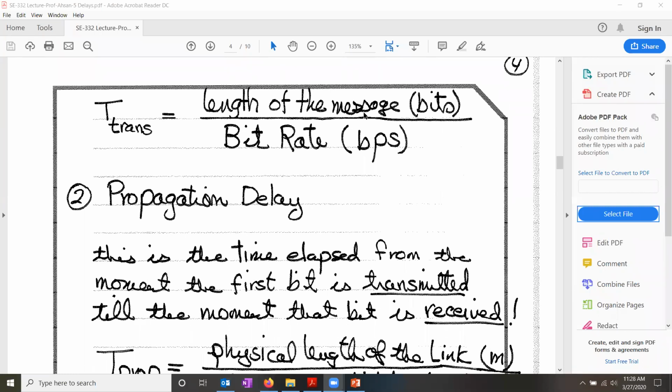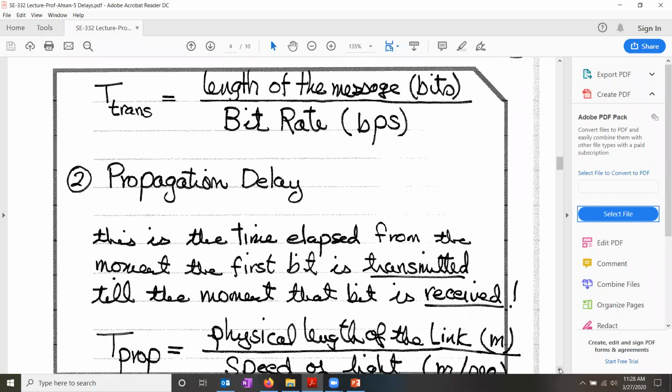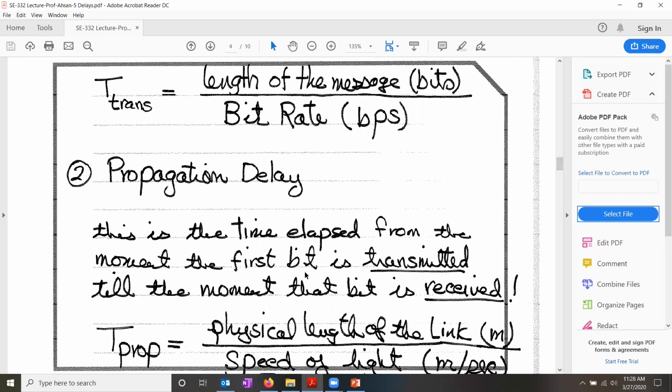यस सर कि मतलब फर्स्ट बिट का ट्रांसमिटिंग स्टार्ट होना और लास्ट बिट की रिसीविंग हो जाना, उसमें जितना टाइम लगता है उतना। No. That is transmission delay. No, propagation delay में you have to take any bit of the message and it is the time that that particular bit takes to reach the destination.